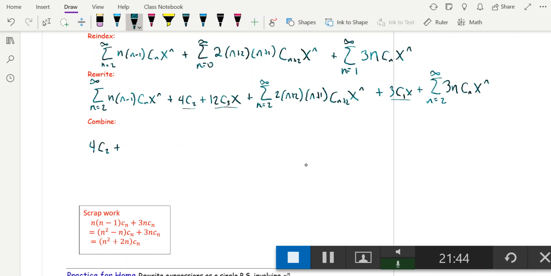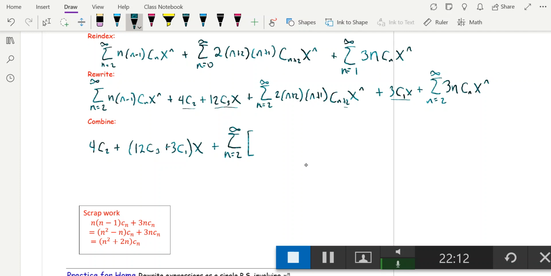So parentheses, 12c3 plus 3c1, all times x. Then a single summation starting at 2. And let's see what we have here. Big bracket.